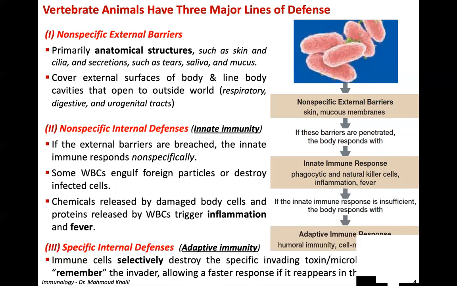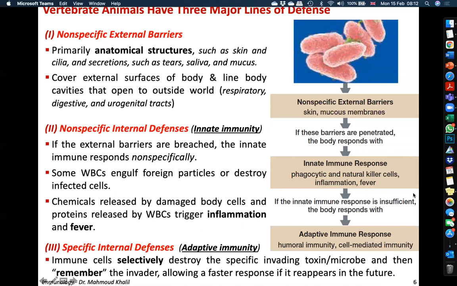The third type of defense is a more sophisticated one, which is adaptive immunity. This adaptive immunity, or the acquired immunity, is specific, in which the body selectively destroys the specific invader, toxin or microbe. And it not only selectively destroys this invader, but it remembers the invader.